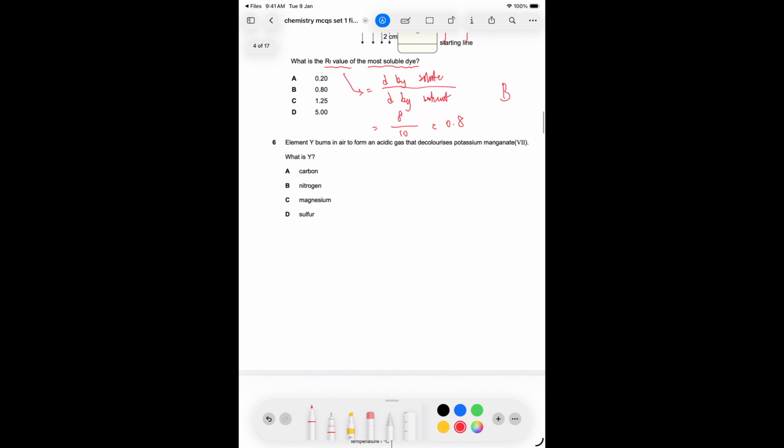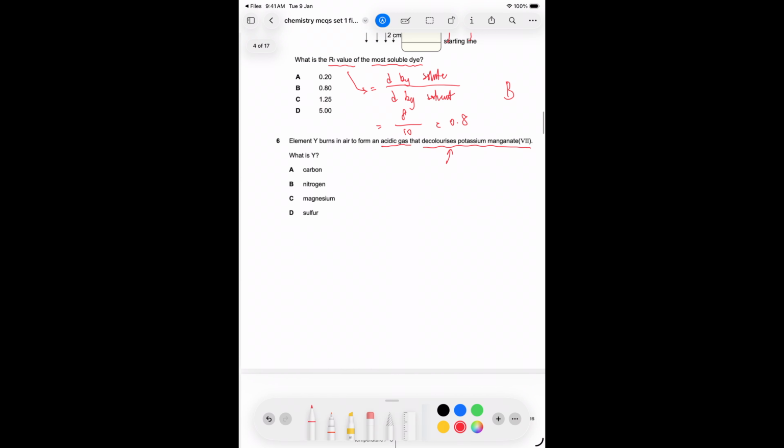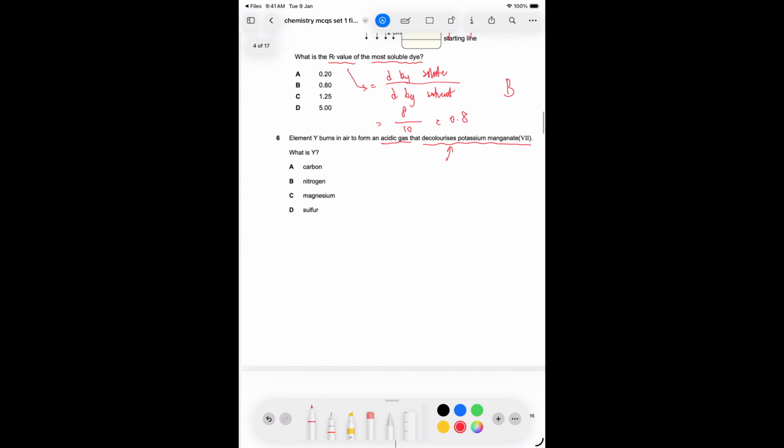Question 6. Element Y burns in air to form an acidic gas which decolorizes potassium manganate. So your potassium manganate, okay, it's your famous oxidizing agent, OA. So it will turn from purple to colorless.